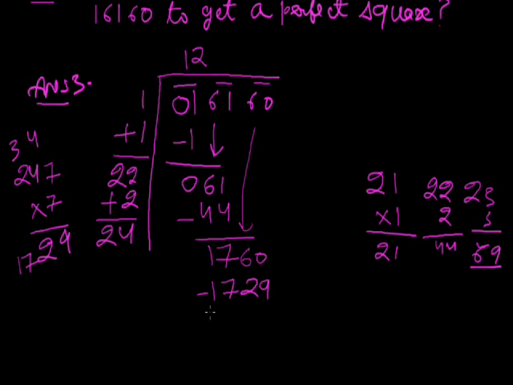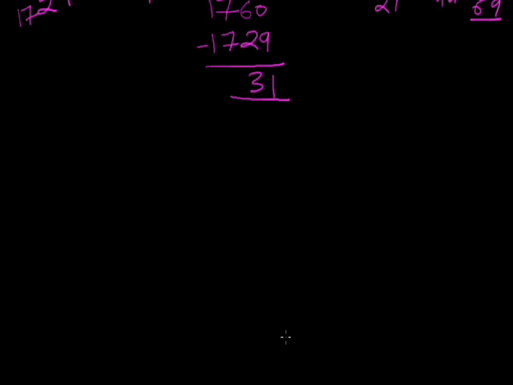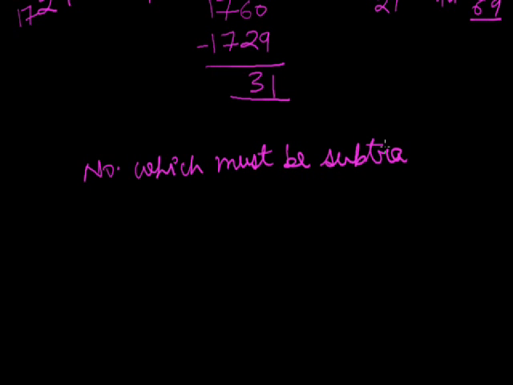When we subtract this number, we get 31 as the remainder. Now the question is, what should be the least number which must be subtracted? The number which must be subtracted is 31.